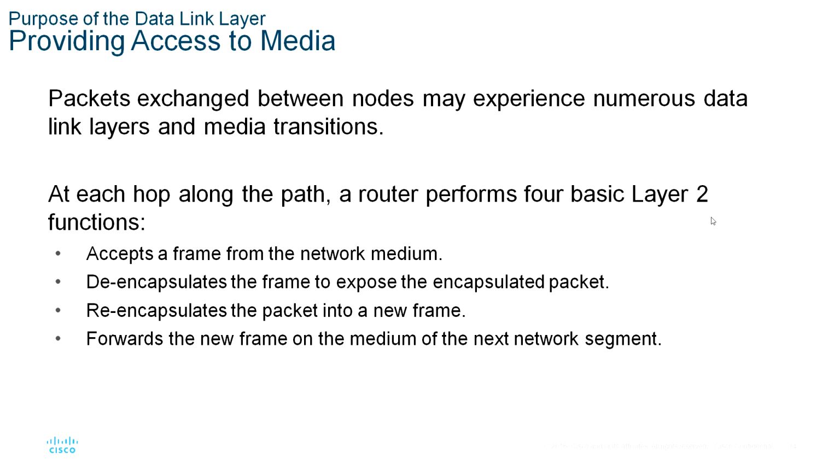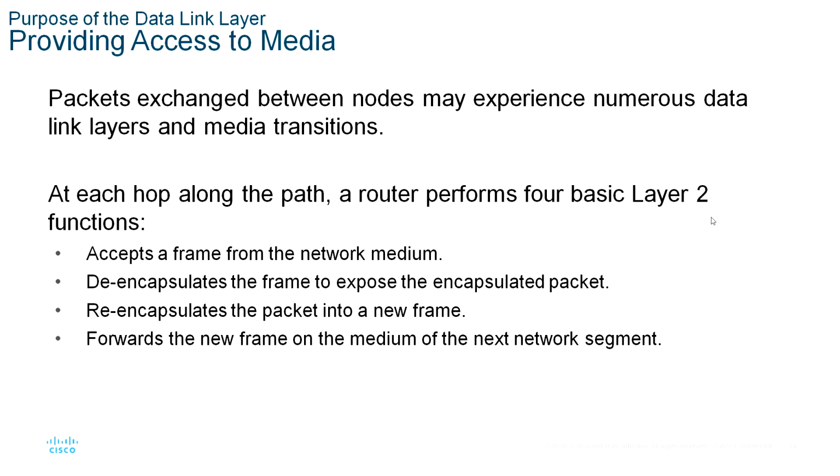The router interface encapsulates the packet into the appropriate frame. A suitable media access control method is used to access each link. In any given exchange of network layer packets, there may be numerous data link layers and media transitions.